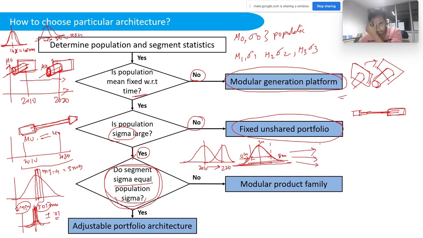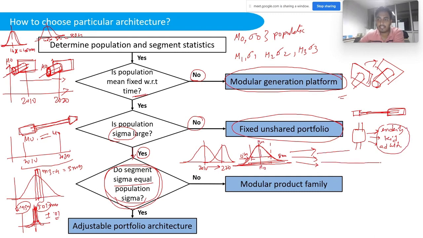For example, in the watch example I gave, I told you there can be three different segments: elderly, kid, and adult male. For the population, we considered all their data to capture the mean. But now we need to check individually, segment-wise mean and variance.